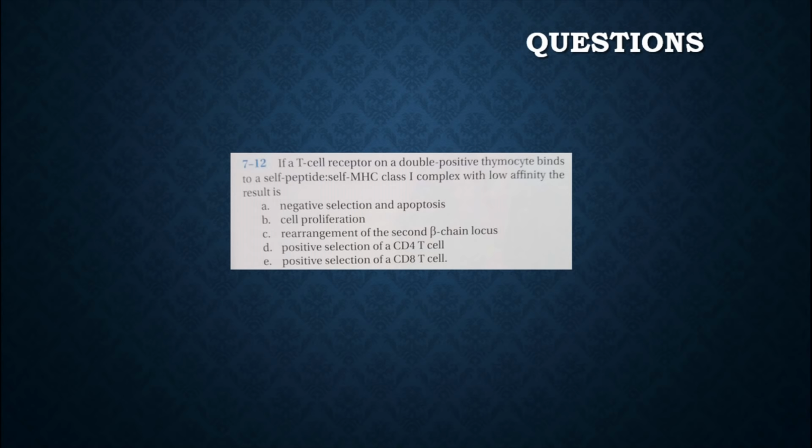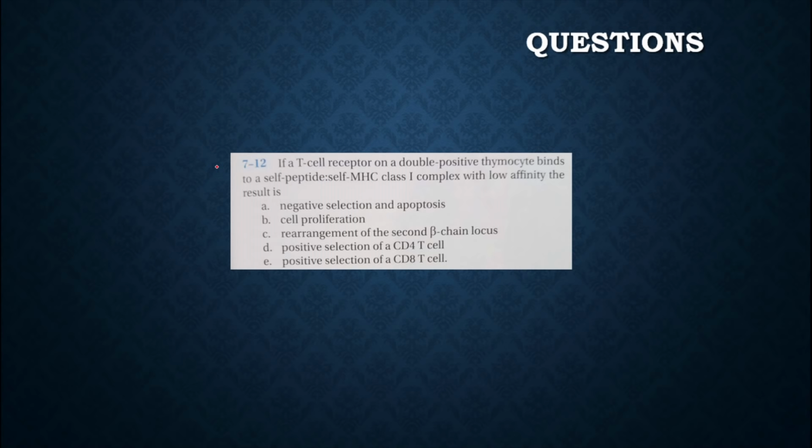Oh, a low affinity. I was thinking because it's a self-peptide. Should it be low affinity for the self? Yeah. I was thinking A because it shouldn't be binding to itself, but it could be exposed.